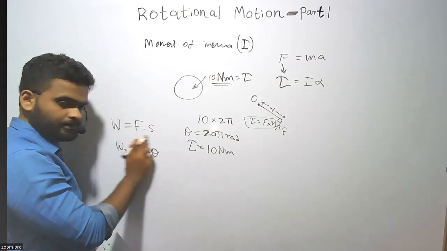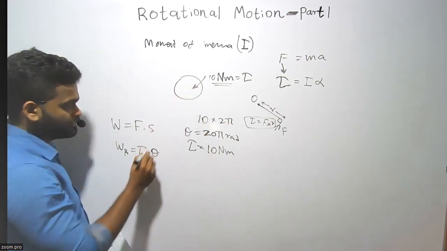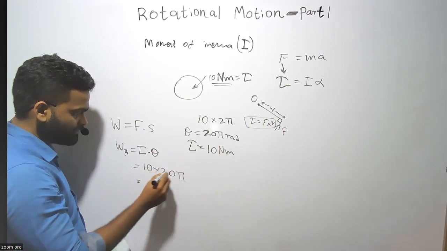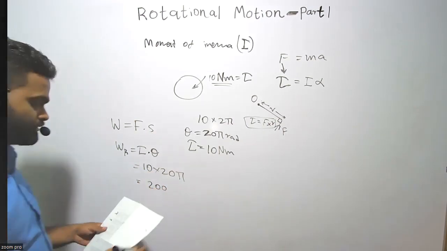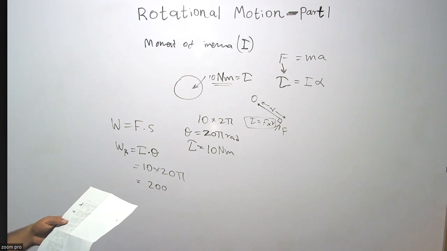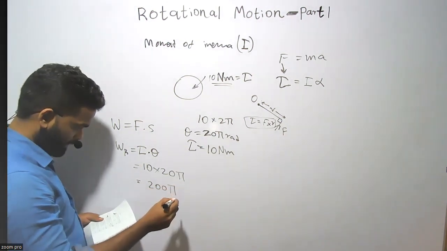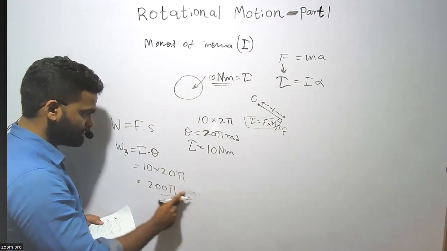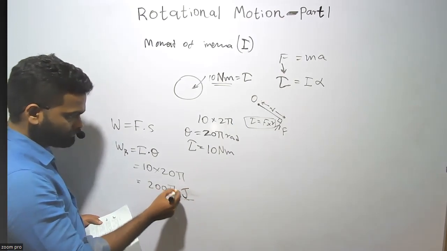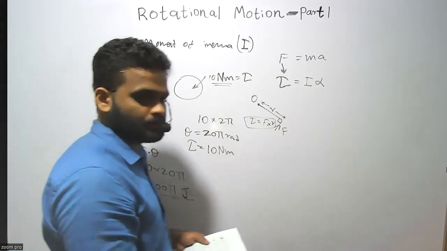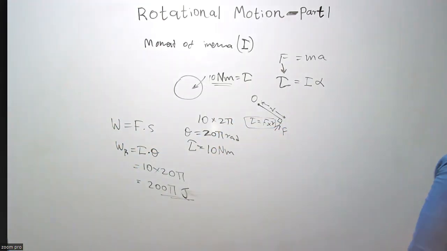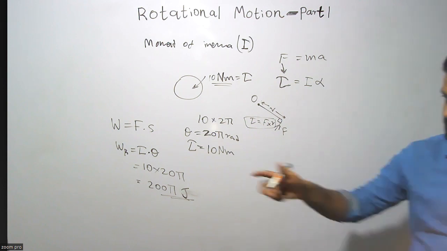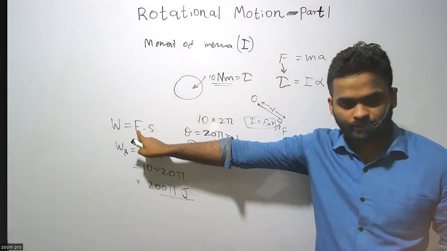The torque is 10, theta is 20 pi, so we have 200 pi, radian Newton meter, or you can put joules because this is energy. So 200 pi joules is the work done. You are using the same equations; the only new thing is that instead of force, you put torque.